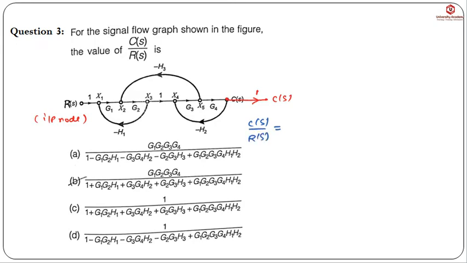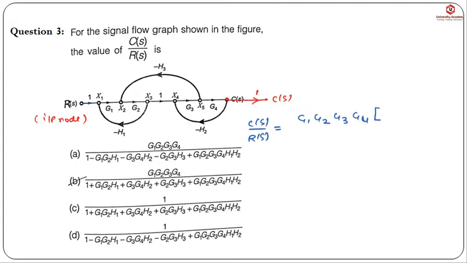So here, between the input node and output node, we have to find the forward path. So this is the forward path: 1, then g1, g2, 1, g1, g3, and then 1. The gain of this forward path is g1 g2 g3 and g4. Now we have to check whether this forward path is touching all the loops.